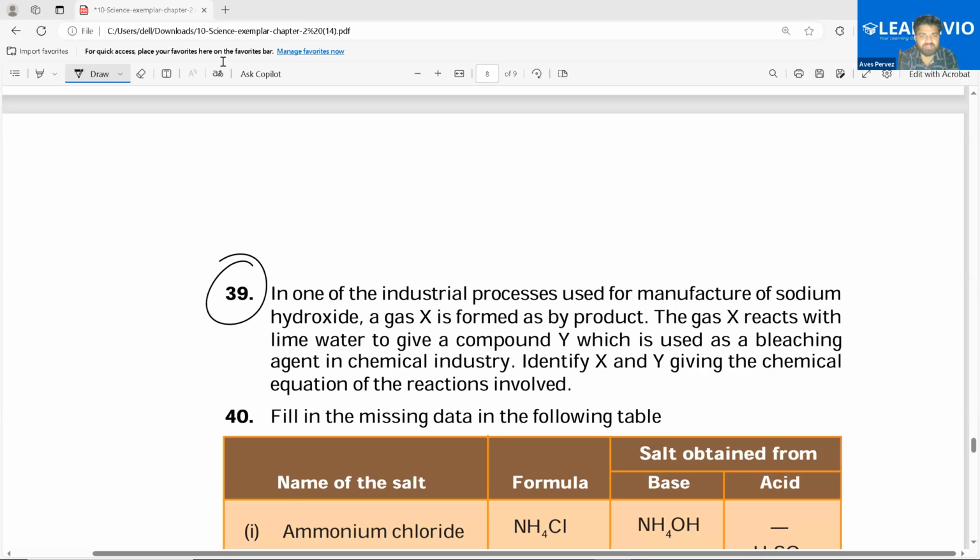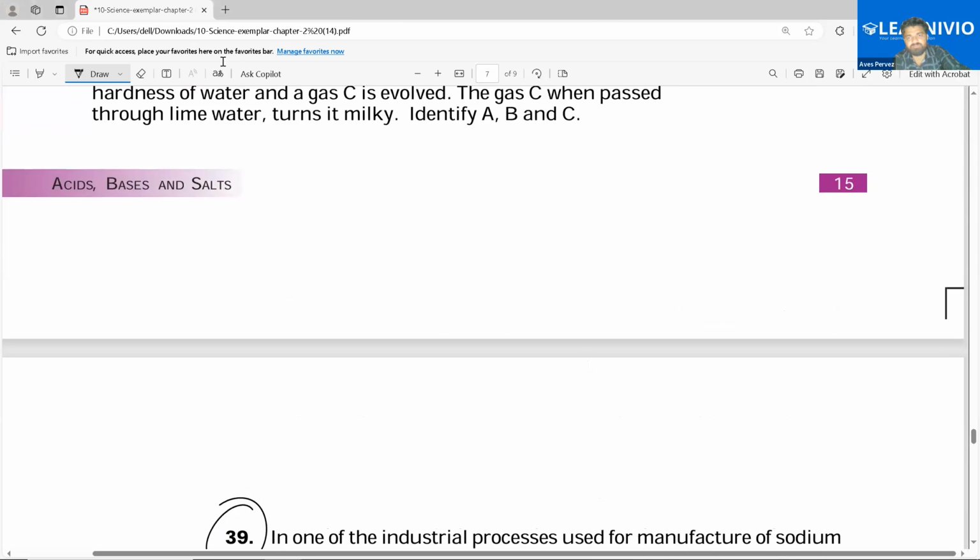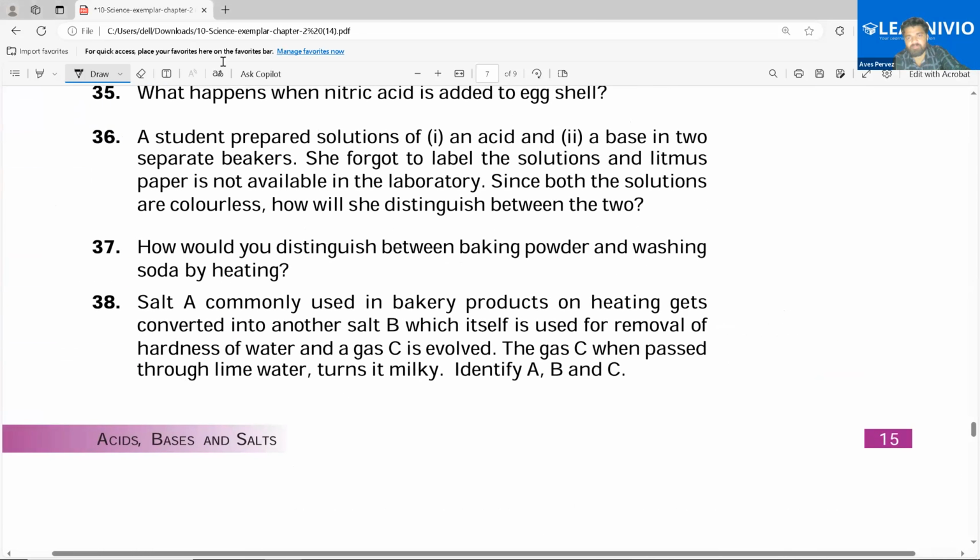The gas X reacts with lime water to form compound Y. So X is chlorine gas, because when chlorine gas is passed through lime water, it gives you compound Y, which is used as bleaching powder. Okay, so X and Y you understood, everyone? Yes.